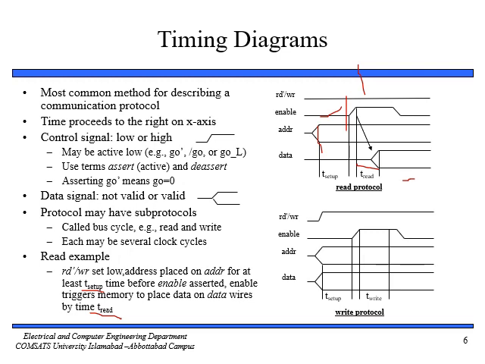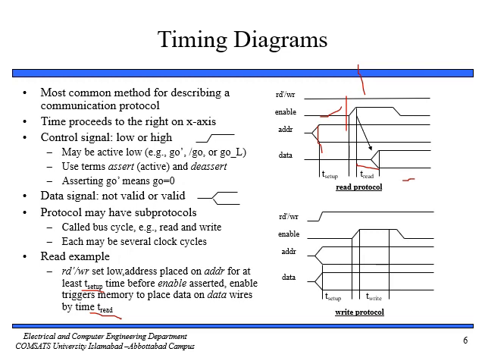Similarly for the write protocol, you can see that for write we need to have the write signal at 1, and similarly we have enable. Enable is going high here. Before that, we need to put the address on the address bus. This is t setup time before the enable, and because this is the write protocol, we are going to put data on the data wire.